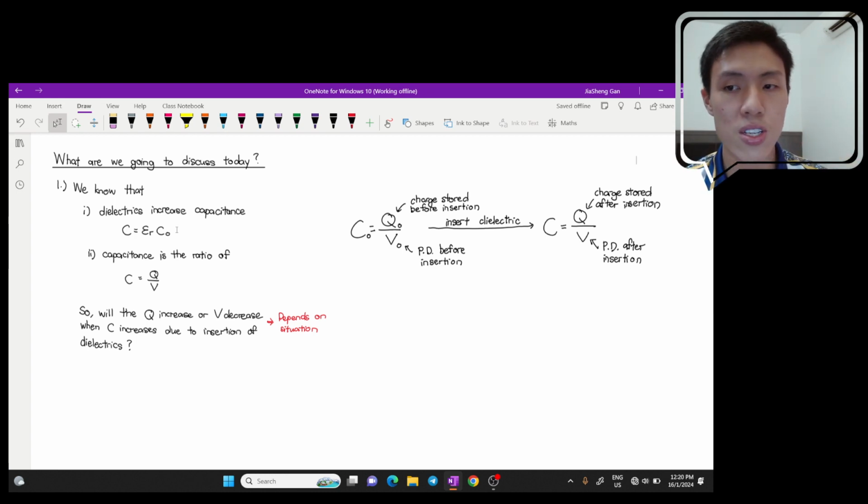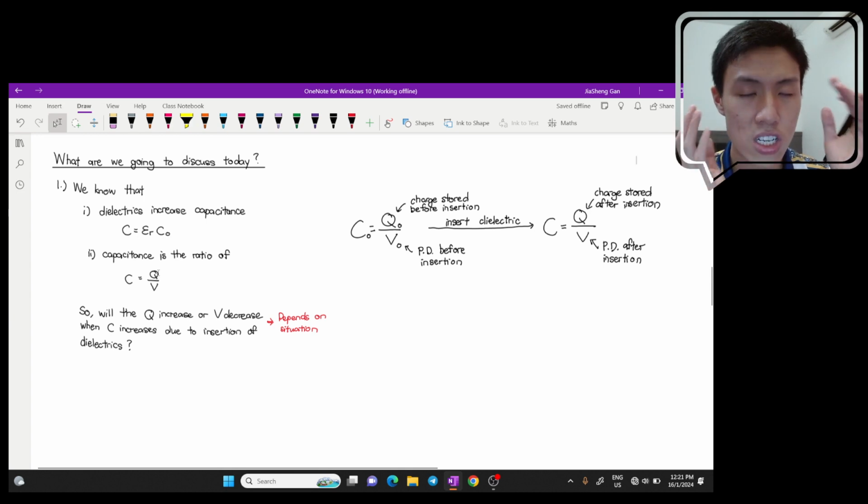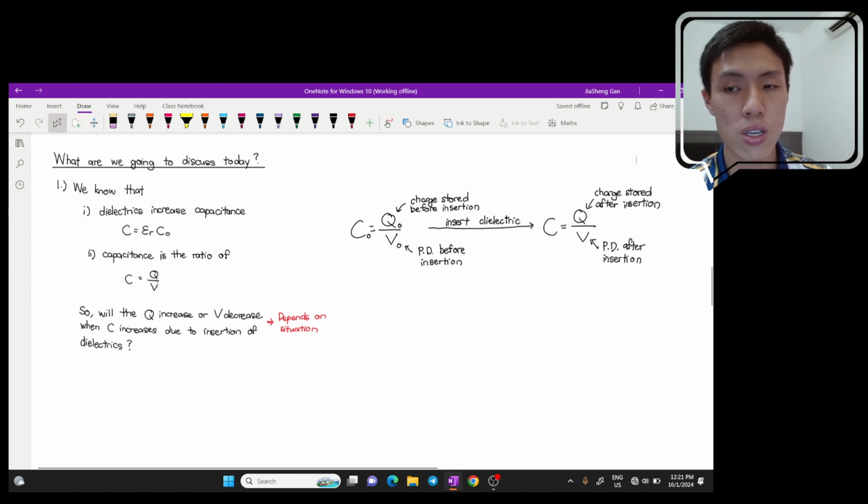In the previous video, we also mentioned the definition of capacitance: it is the ratio of the charge stored in the capacitor to the potential difference between the capacitor plates.